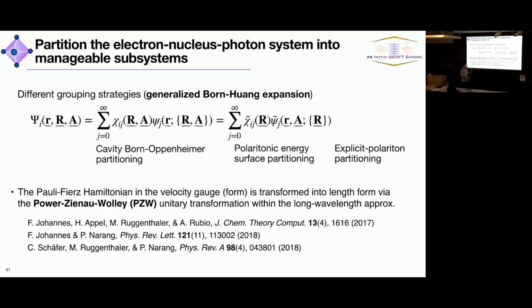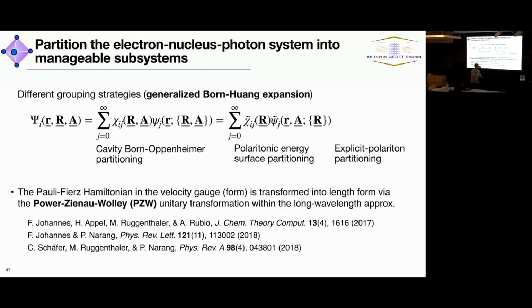After this, it becomes the Pauli-Fierz Hamiltonian in the length gauge. There are some papers I put here, and they do either this cavity Born-Oppenheimer partition or the so-called polaritonic energy surface partition. If you are interested, you can look into the papers I list here.